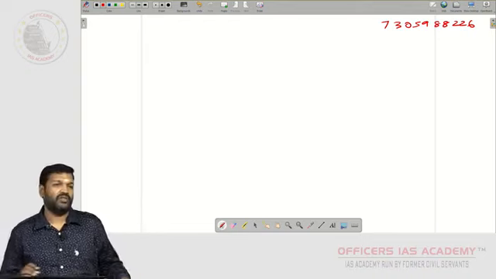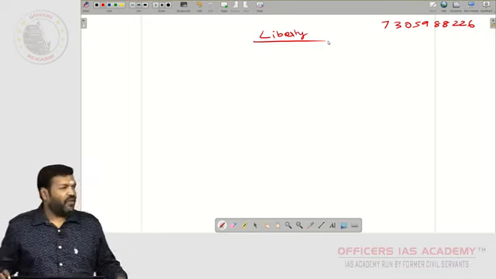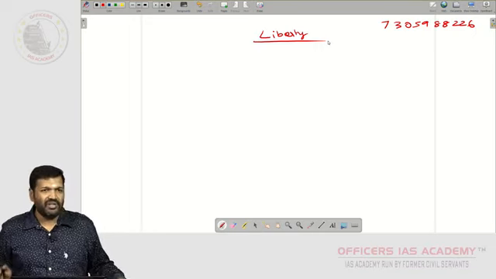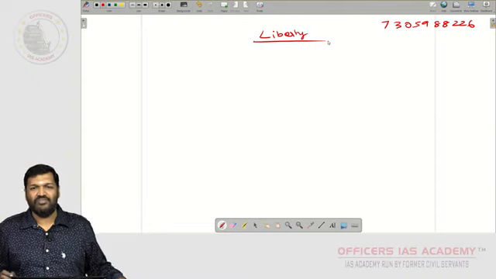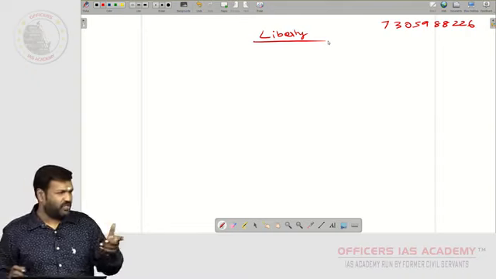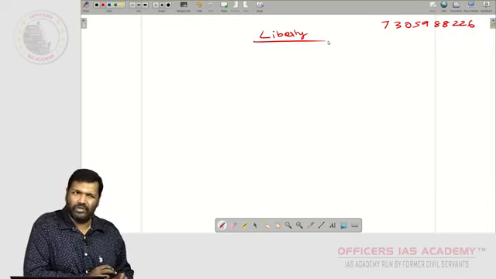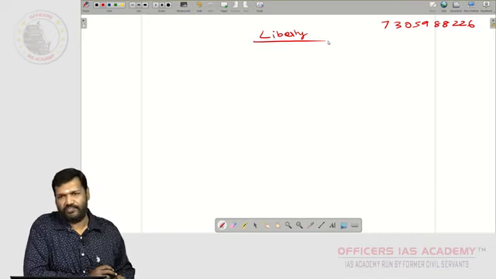Liberty. In political theory you could find the words liberty as well as freedom used many times. Is there any difference between these two words, or are they one and the same?